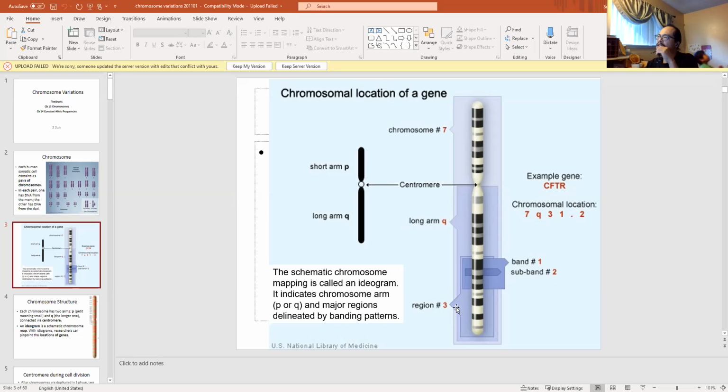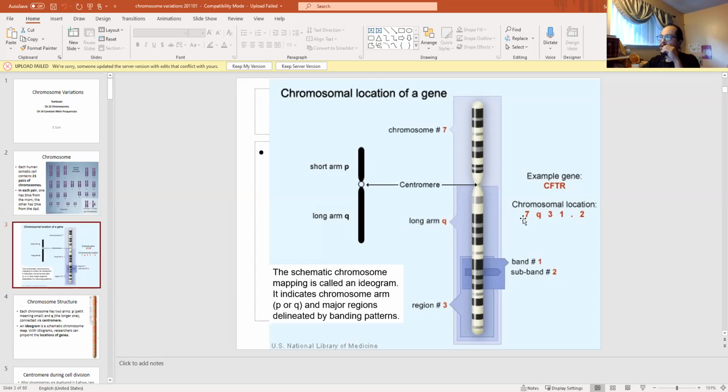So here is the larger region. So here is region 3, because 1 is usually from the center. So we count from the center. So region 1, region 2, region 3. So here probably is region 1, all right? Region 1 here, region 2, and region 3.